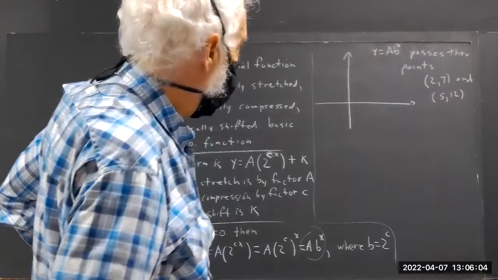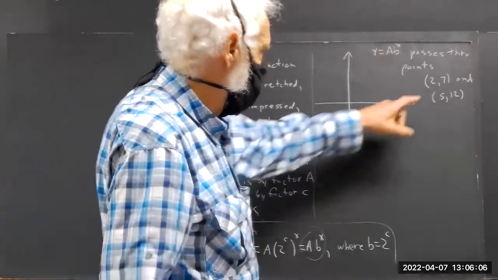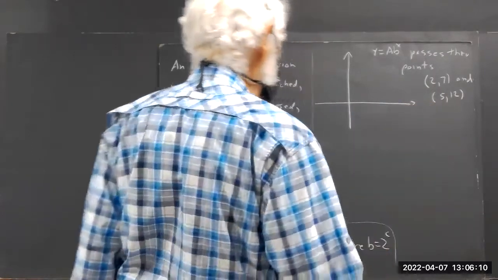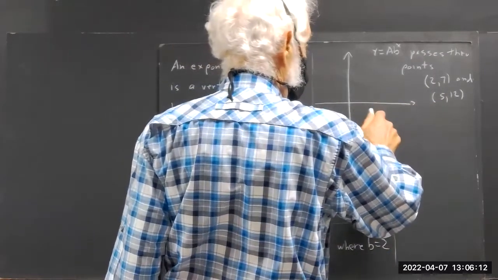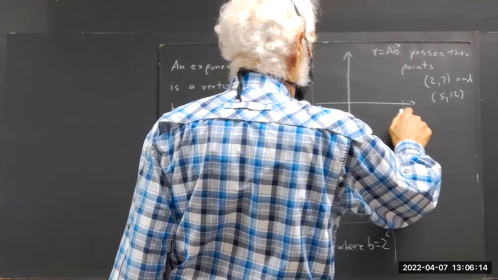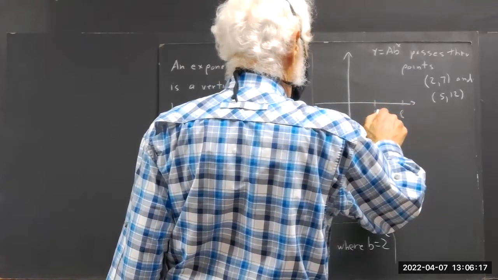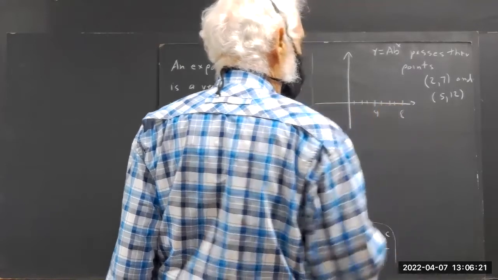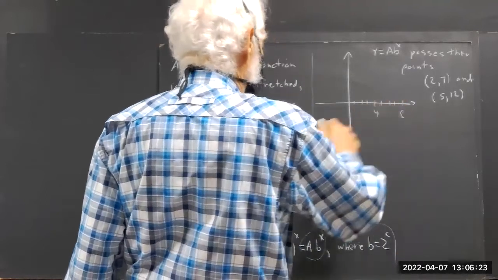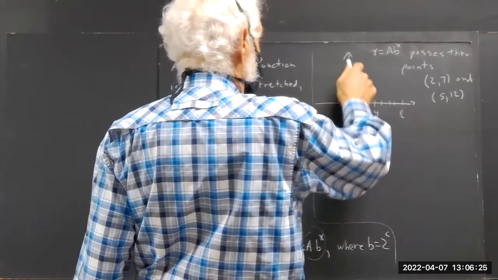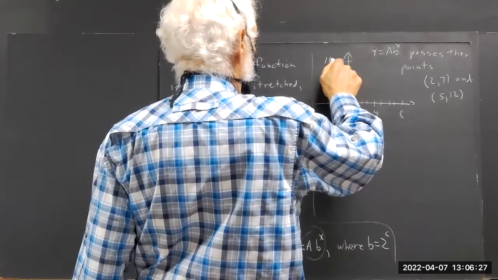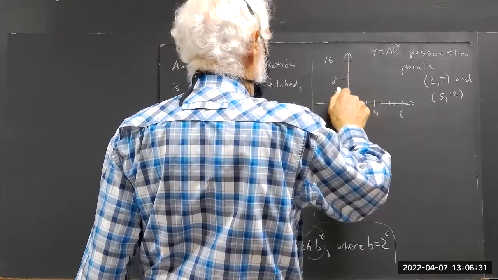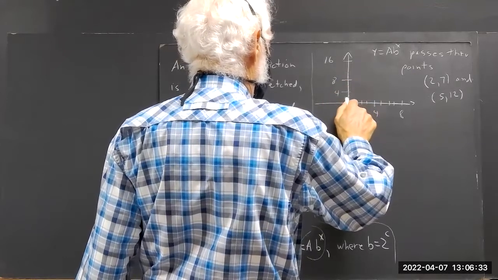Say y equals a b to the x has a graph that passes through the points (2, 7) and (5, 12). So let's say here's 8, here's 4, here's 2, and here's 1, and so forth. And let's say we've got 16 up there.